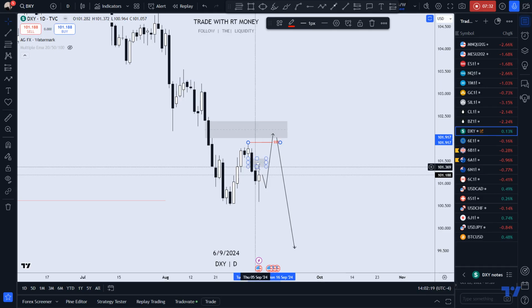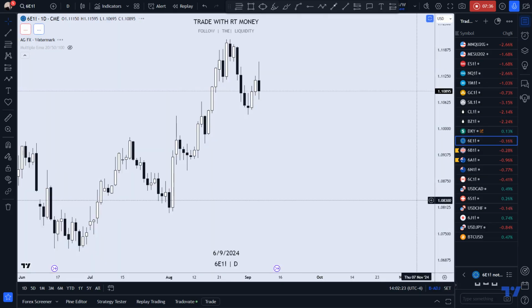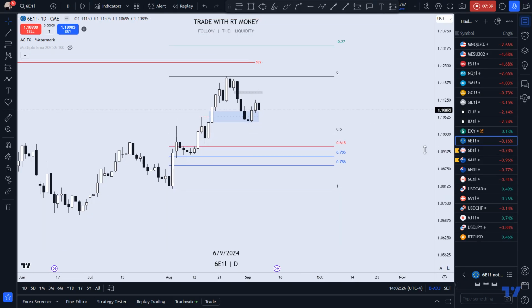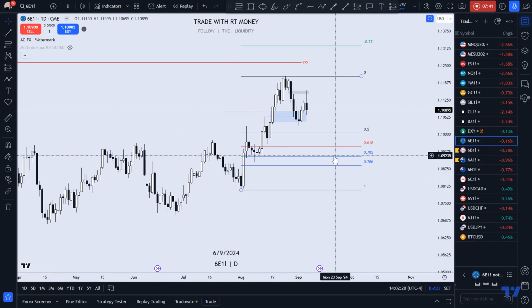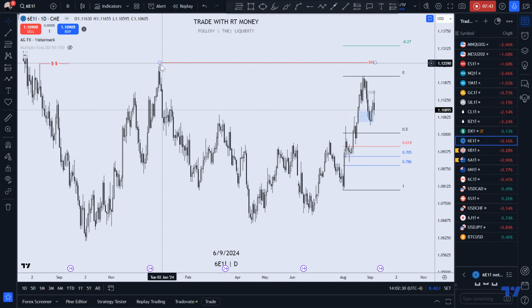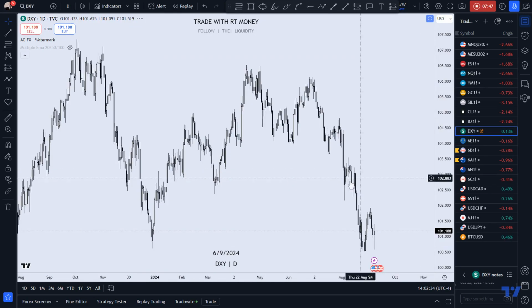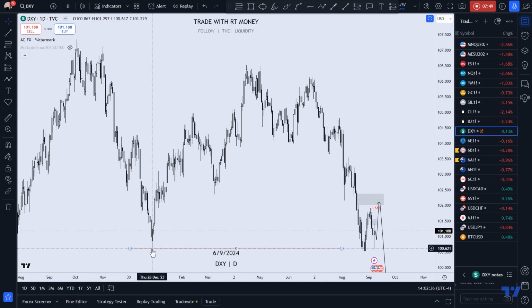We've got to see what it does with this bearish fair value gap with the Euro U.S. dollar. What am I looking for? See that target here? This is the same one that the Dixie, the U.S. dollar index, has already tapped, and we start to see a pullback from there.